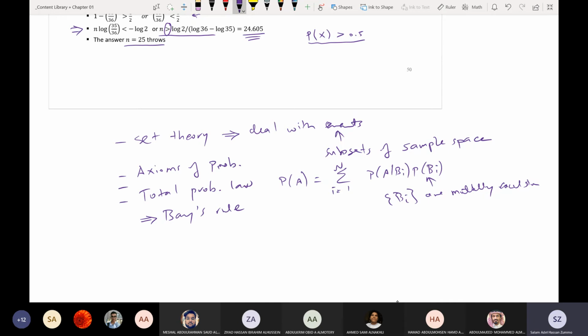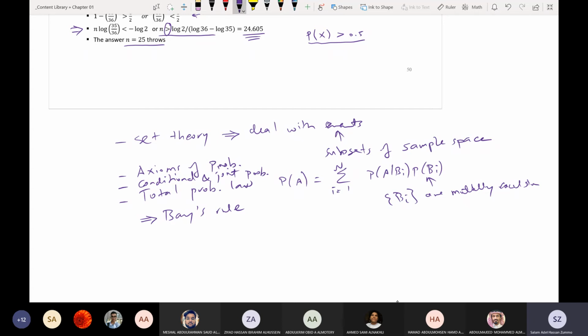And before that, we talked about conditional and joint probabilities. And we said that the conditional event probability is related to the probability of an event A given that another event B happens. And we said that in mutually exclusive events, the probability of event A given B equals 0, because if B happens, because they are mutually exclusive, there are no common factors between them, so A cannot happen.